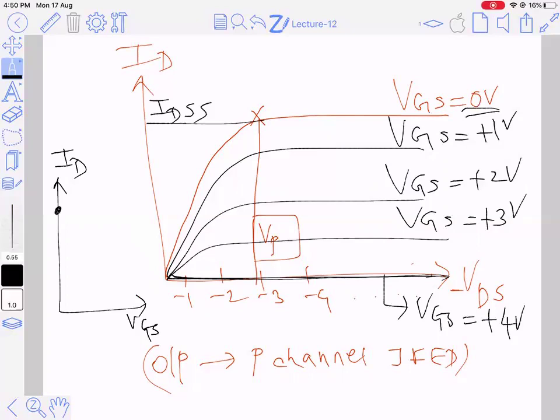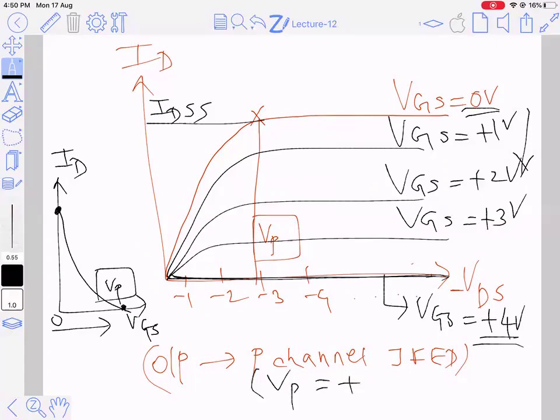As you increase VGS positively, the current keeps on decreasing, and at one point, say VGS is equal to 4 volt, you have 0 current. That's the pinch off voltage. So for a P channel JFET, the value of VP is positive.